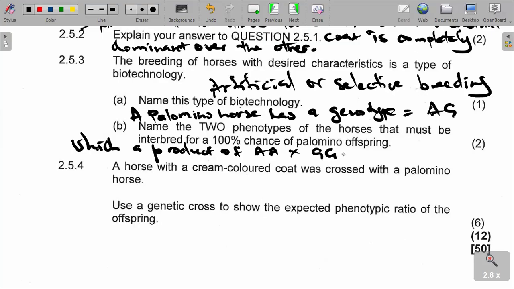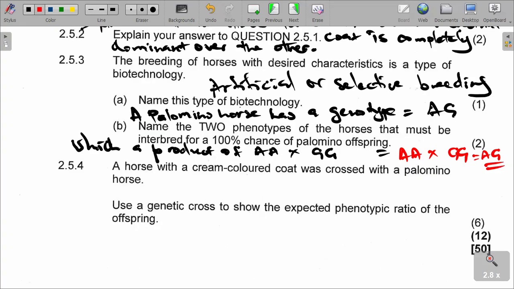So we must cross AA with GG, which equals AG. That is what must happen there.